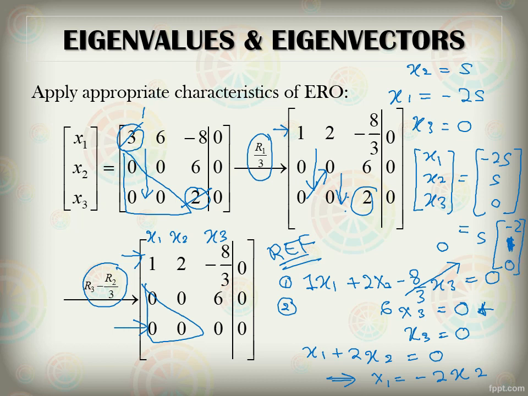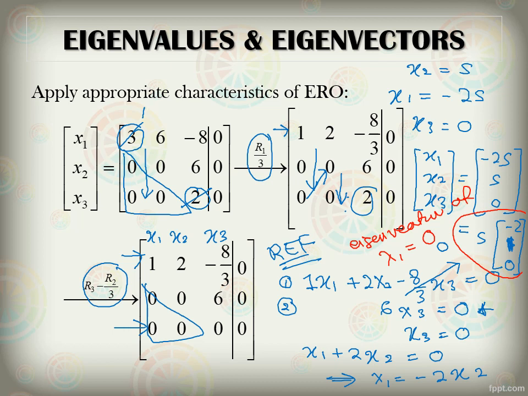So this is what we call the eigenvector of the eigenvalue lambda 1 equal to 0.